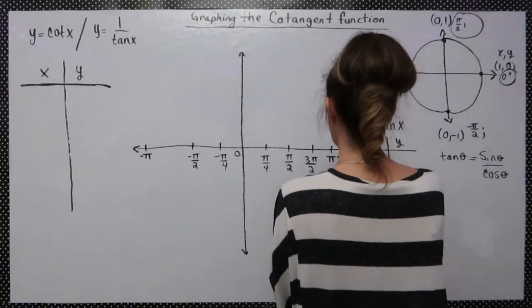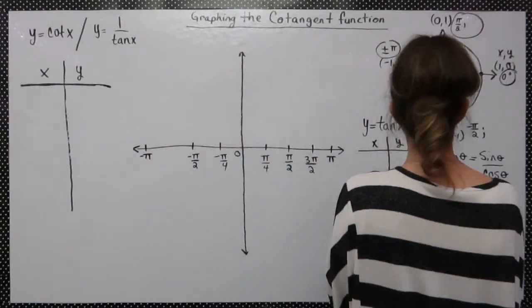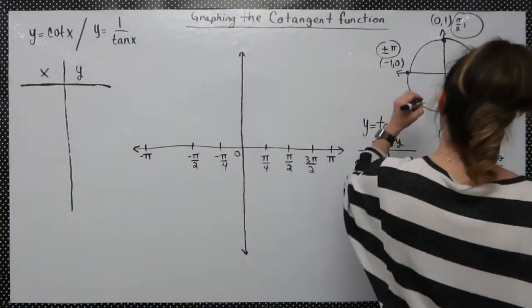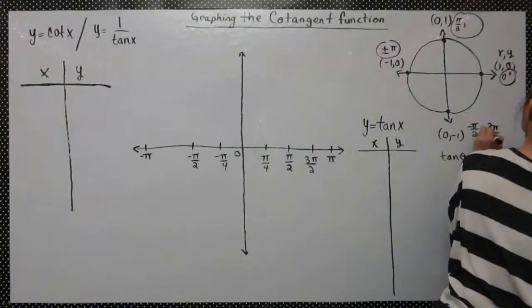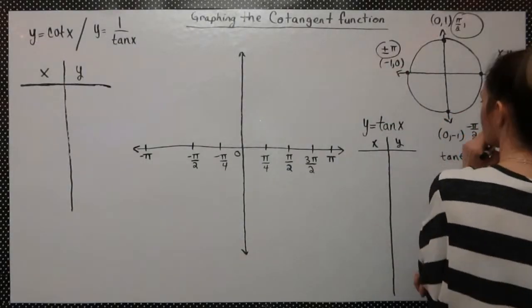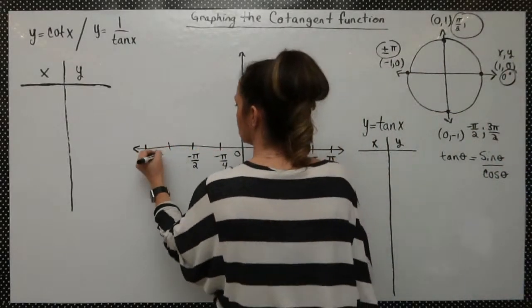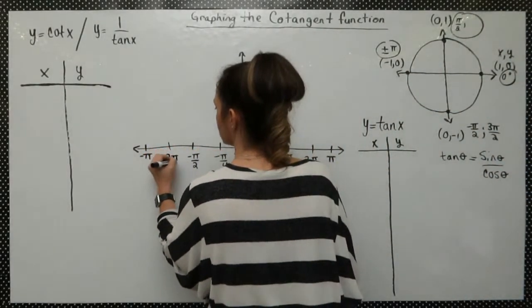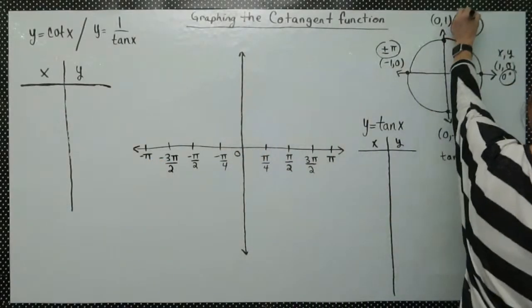We want to do 3 pi over 4 also, right? Let's see. This is 3 pi over 2, which is 270. We're only going to pi. So negative 3 pi over 2. So we need that one.